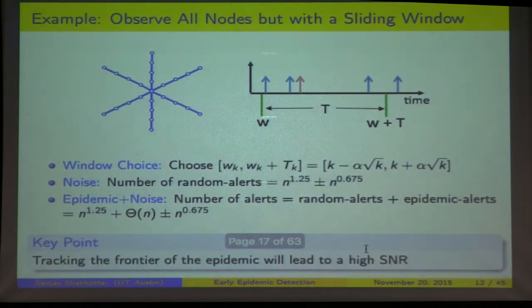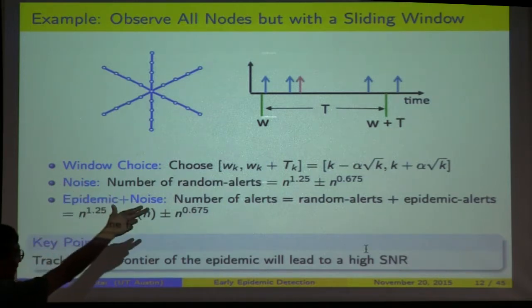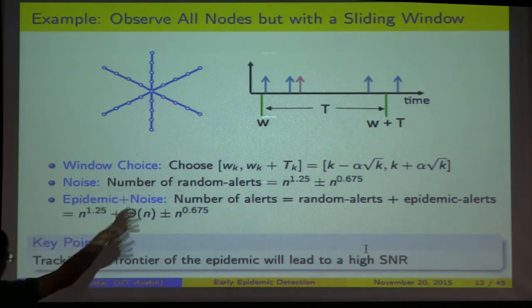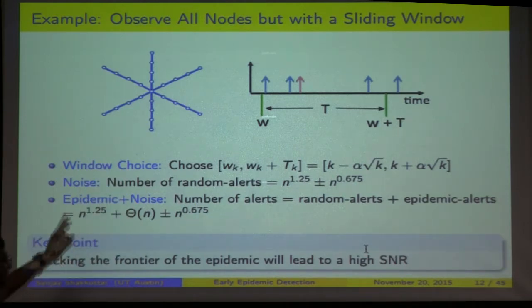So the calculation here is again pretty straightforward for this graph. I'm going to observe all nodes, but with a sliding window. So it's not a fixed W anymore. For each node, as we discussed, it's a different window. The noise is still a baseline Poisson process. So there are two things to count.